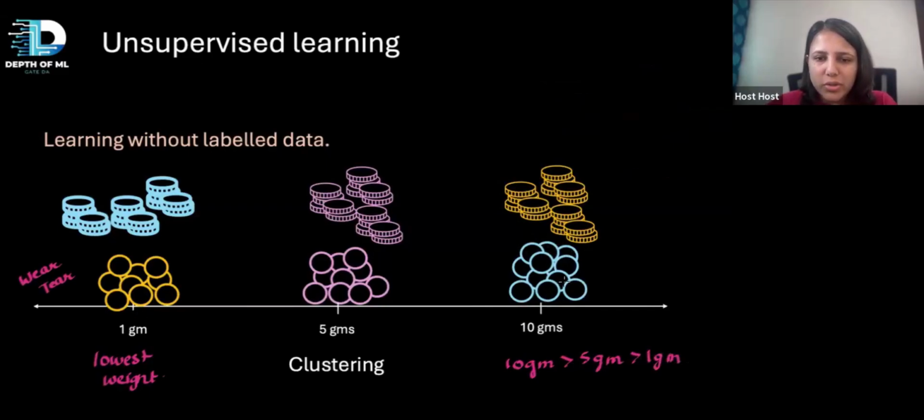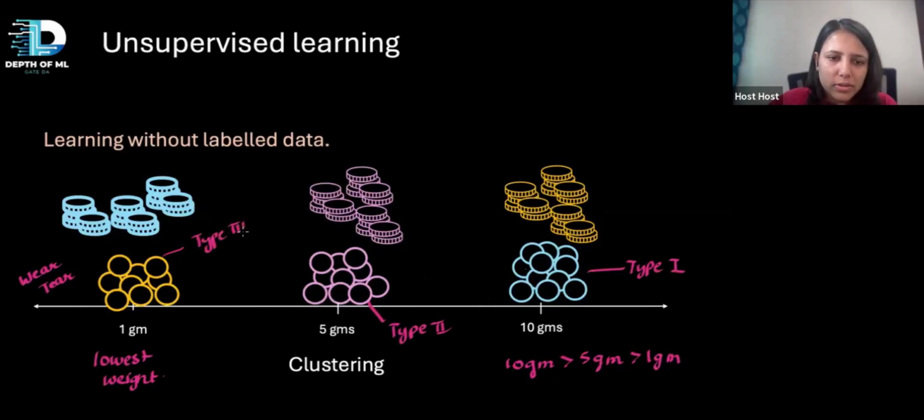These are the coin colors, okay? I think you guys are getting confused with this. Basically, this is type 1. This is type 2. And this is type 3, which got collected here. Fine?